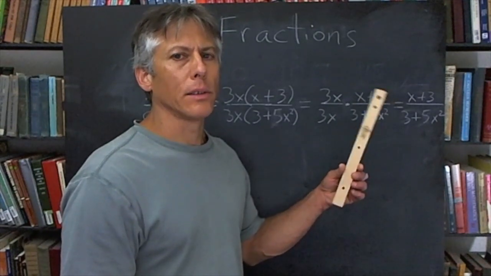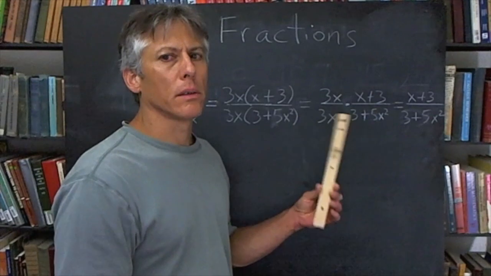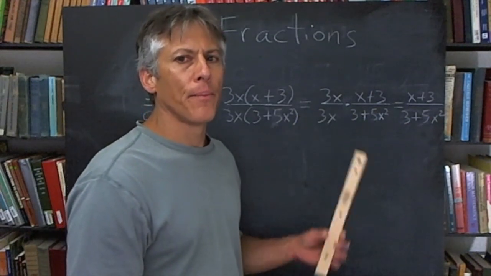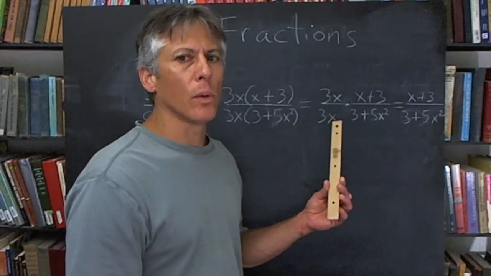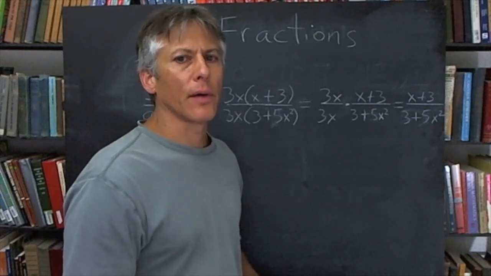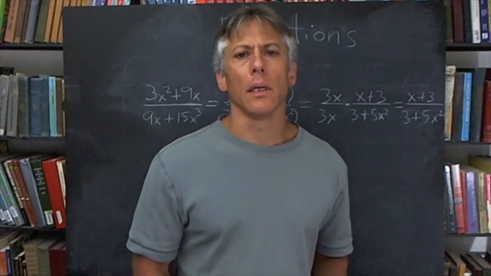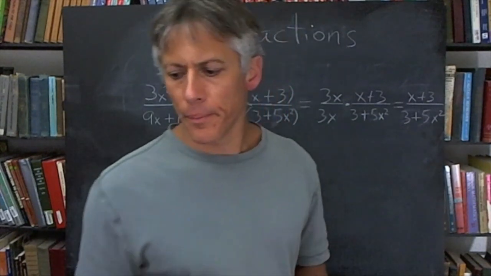Because remember, with fractions, you multiply the tops together and you multiply the bottoms together. And you can look at that and see that's what we did. But a number divided by itself is 1, so we're left with x plus 3 over 3 plus 5x squared. That's the correct thing.